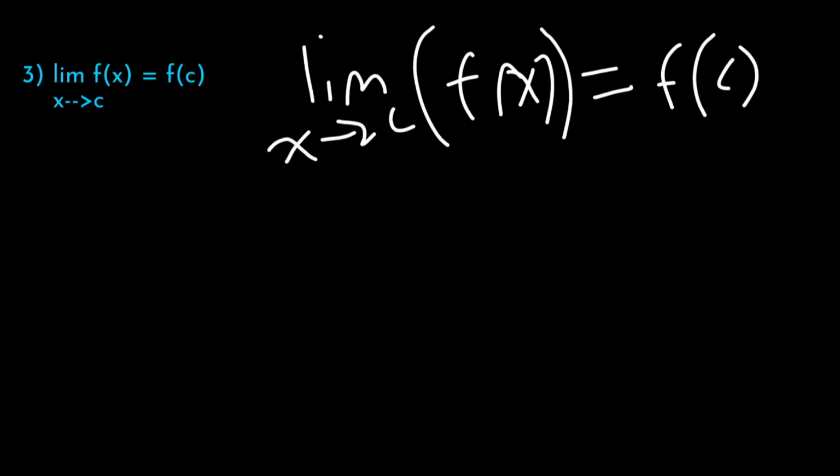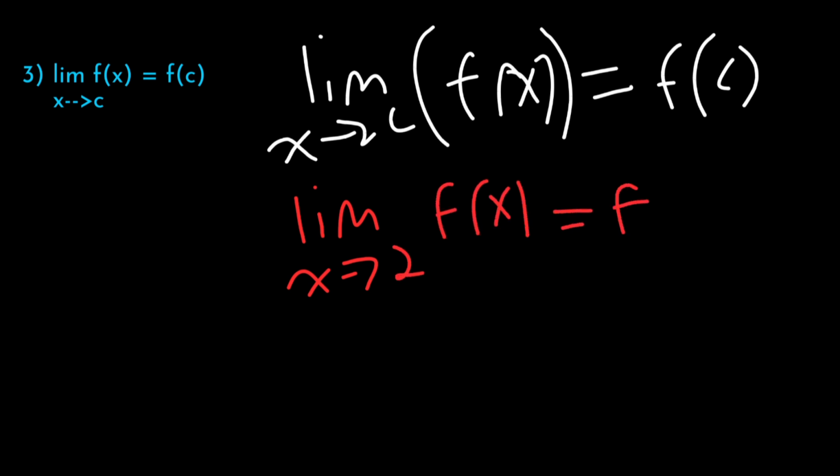In our first ideas of computing limits, we would just plug this in and get f of c. So for the function to be continuous, this has to be true. If I say the limit as x goes to 2 of f of x, this better equal f of 2.